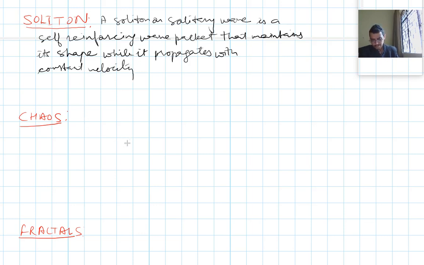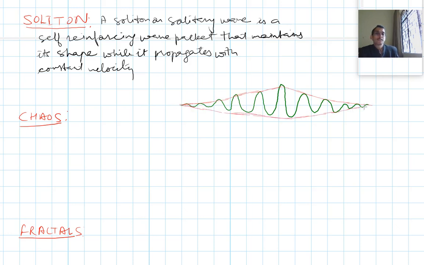So let us take an example. Say it is a wave packet, and say this is its envelope. This envelope represented by red color is known as an envelope soliton, and this green colored wave packet is known as the carrier signal.